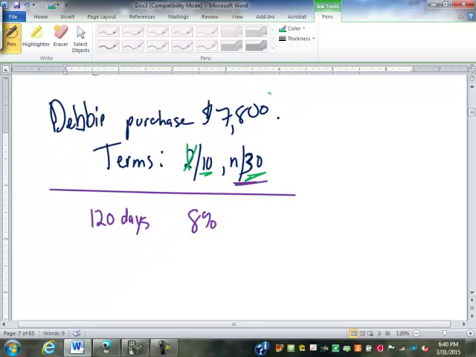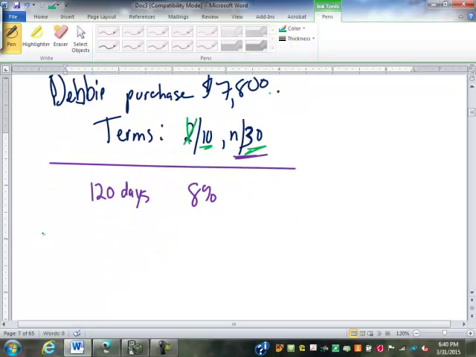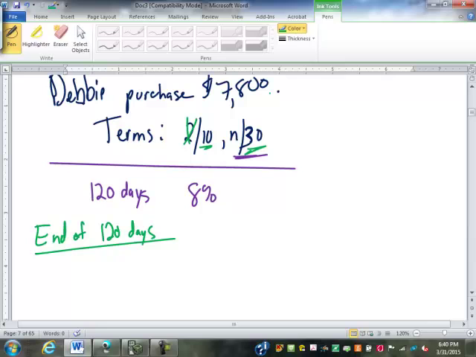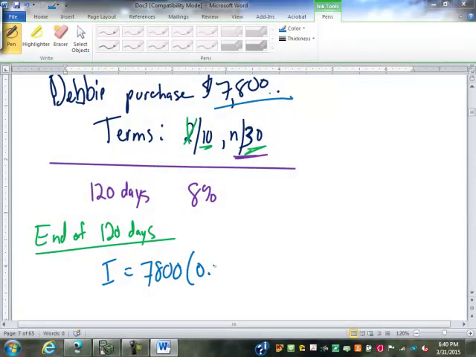So what this means is at the end of the 120 days, she's going to have to pay me back the $7,800 plus interest. So first we've got to find out what that interest is on $7,800 at 8%, so 0.08, for 120 days.